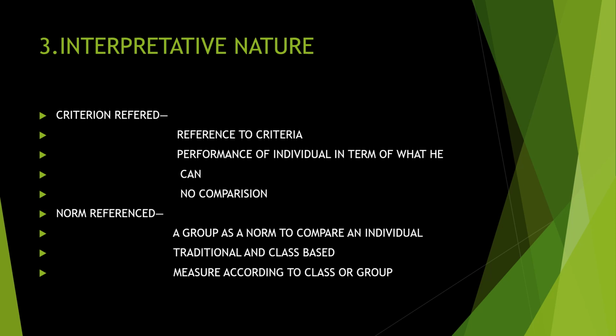Traditional and class based. It is very traditional and it is also class based. Measured according to the class or group. So if the group is highly intelligent, those who are poor in level are not able to reach that level. As far as intelligent students are concerned, norm referenced is always very preferable, because it is helpful for them to always reach the topmost level, and for other children it is a little bit difficult.